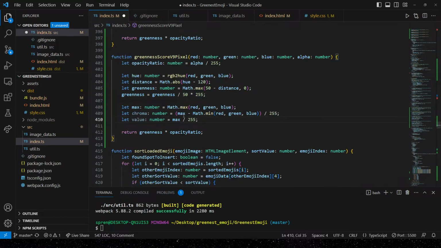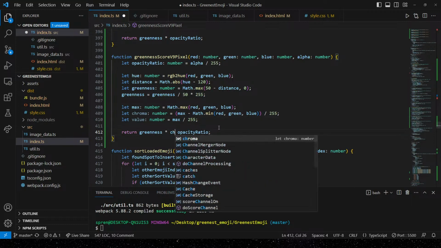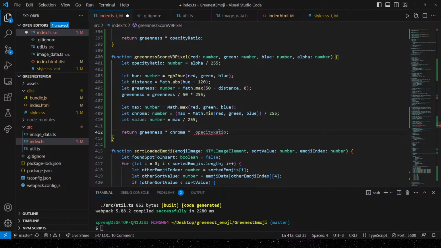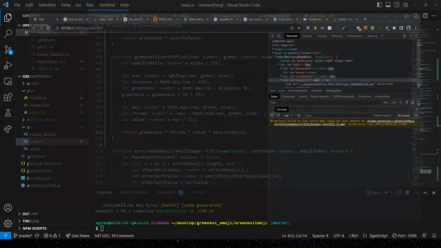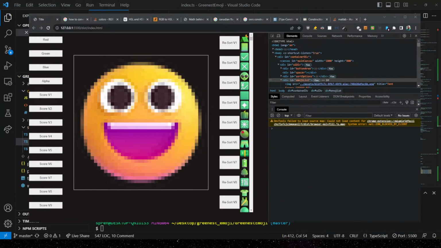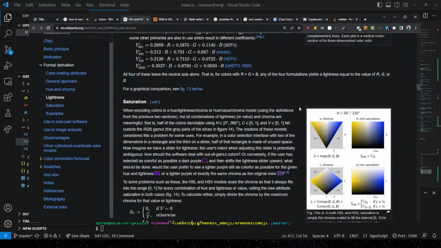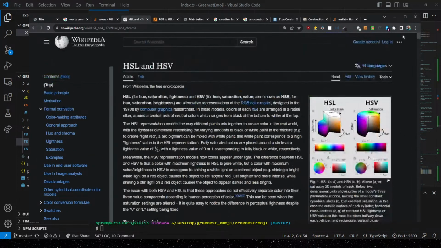All right. Greenness times chroma times value times opacity ratio. Let me just come back here real quick. I want to make sure I'm calling the V the correct thing. Yeah, value.